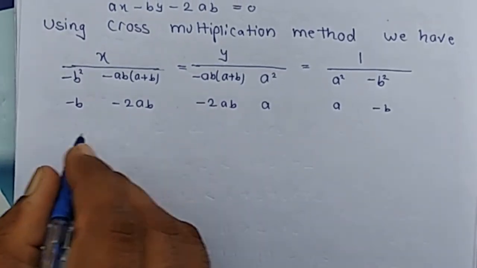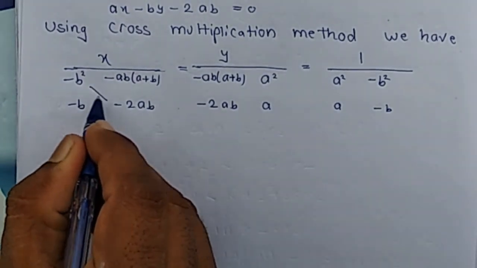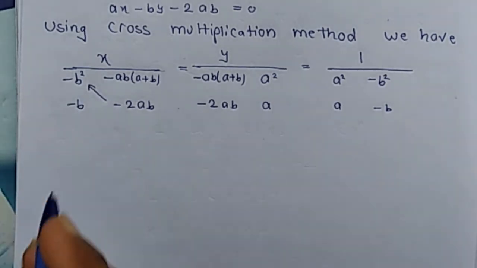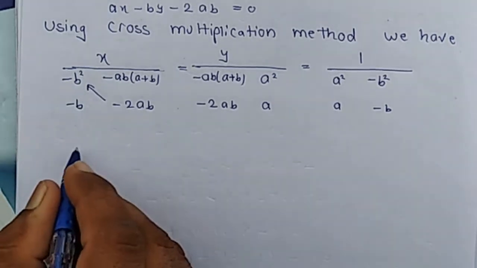Now multiply this term, minus b square to minus 2ab.